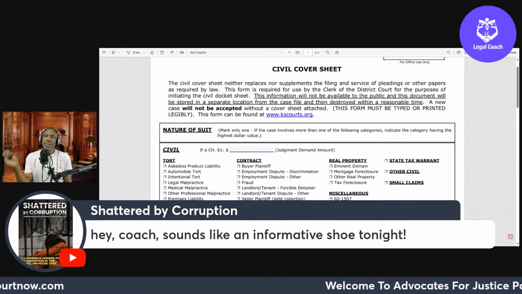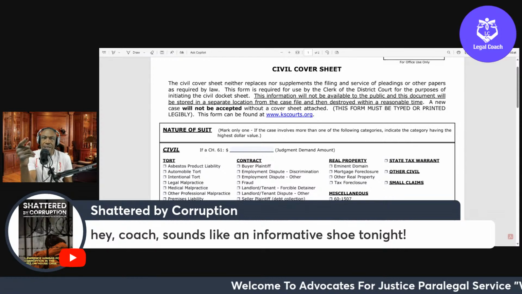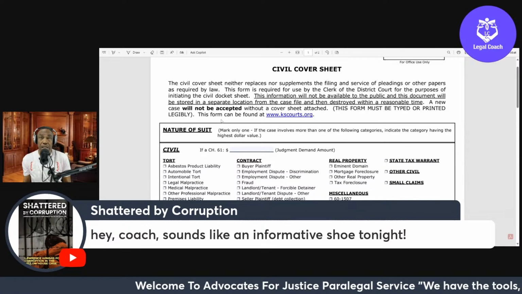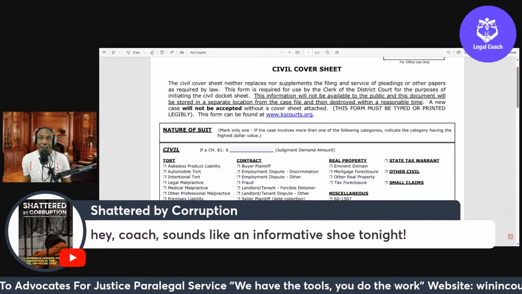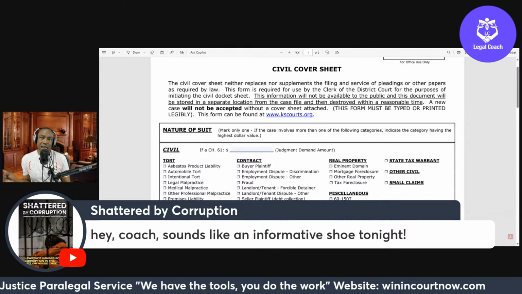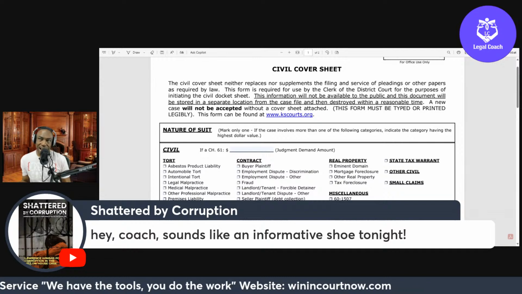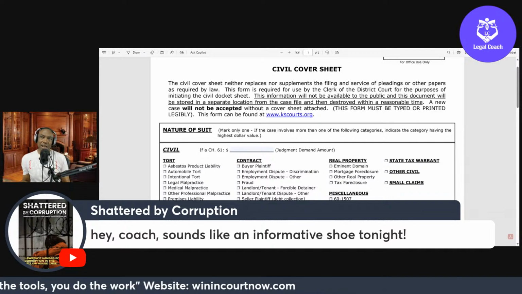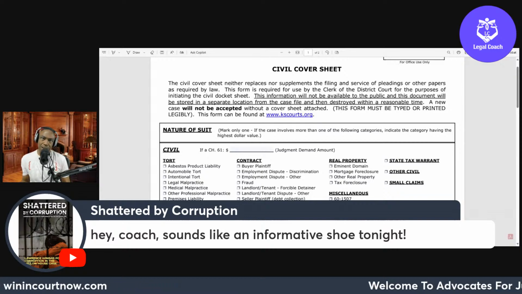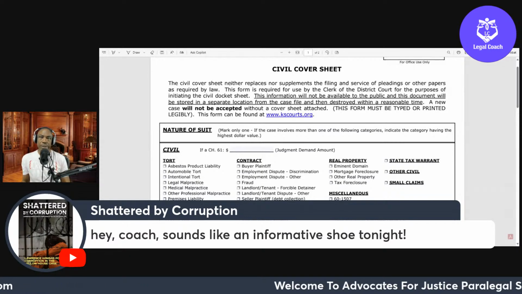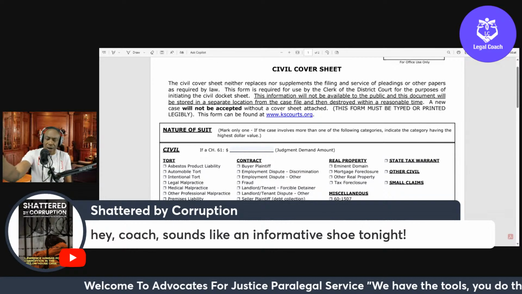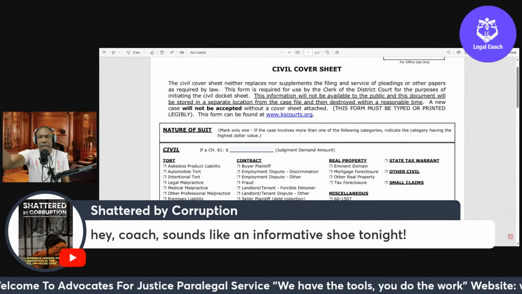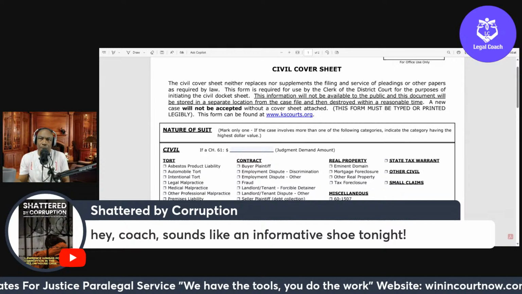Okay, so here they got the words that you need to be understanding in black right there. A new case will not be accepted without a cover sheet attached. And then it says this form must be typed or printed, legible. That's all it says. Oh, wait, sorry. It says you can get it right there at www.kansas.